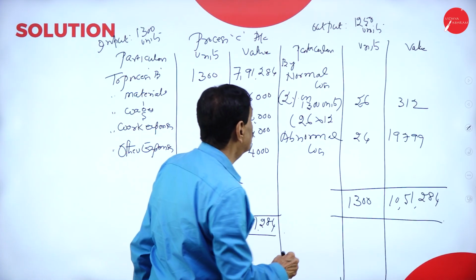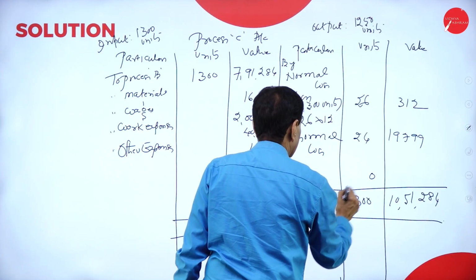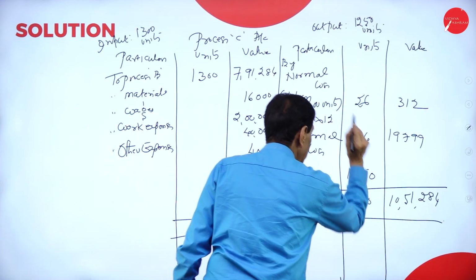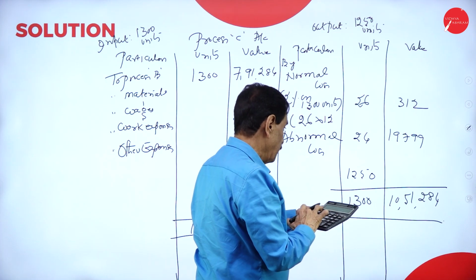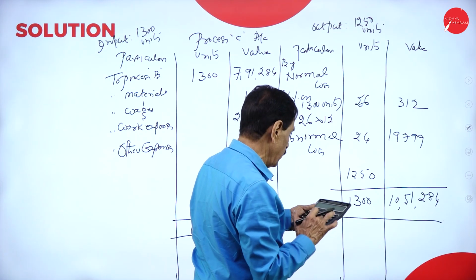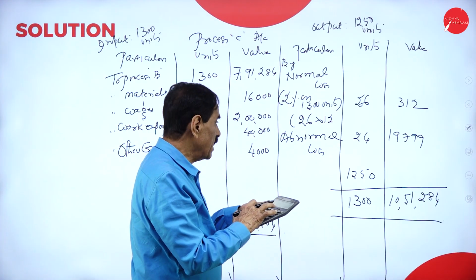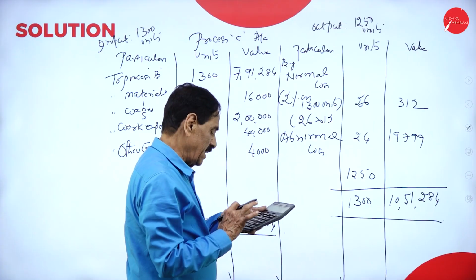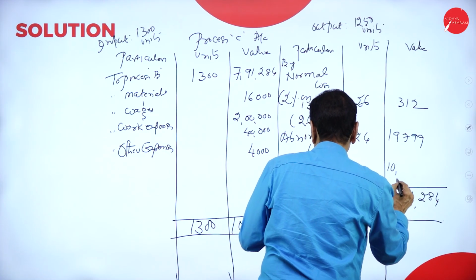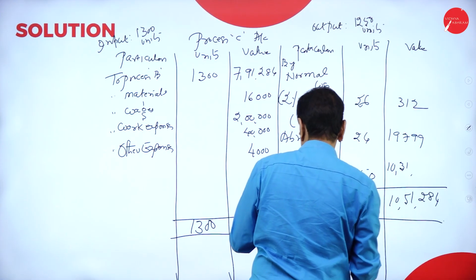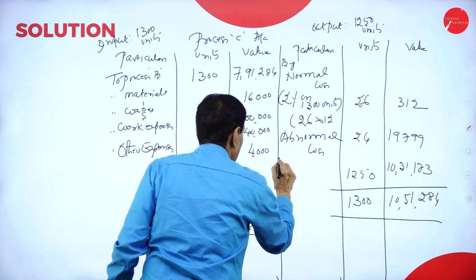So bring out the difference: 1,300 to 1,250 units, 50 units. 10,51,284 minus 312 minus 19,799 is 10,31,173. This is your finished product.